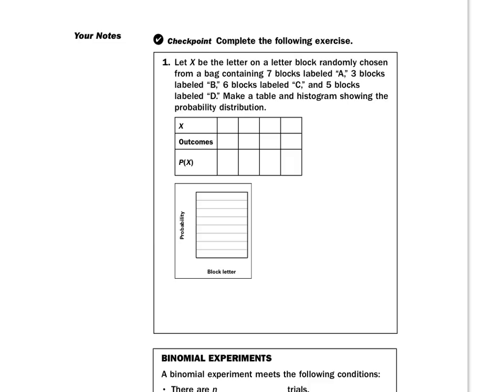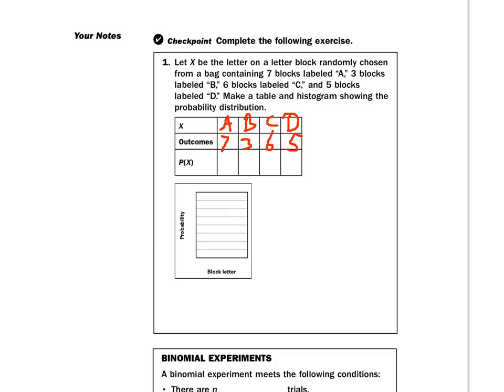Alright, welcome back. X there, you guys knew was A, B, C, and D, right? And for A, there's 7 ways to get an A because there were 7 blocks that were A. And there were 3 ways to get a B, and there were 6 to get a C, and 5 to get a D. And I'm sure we were all able to get at least this far.